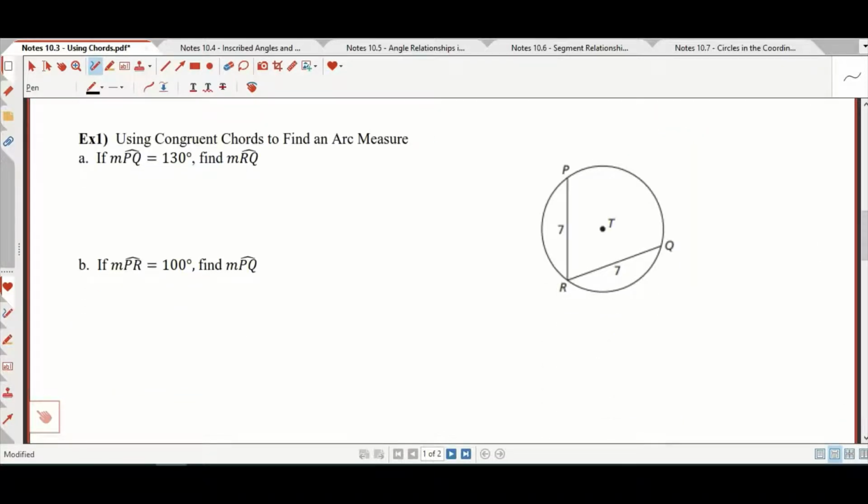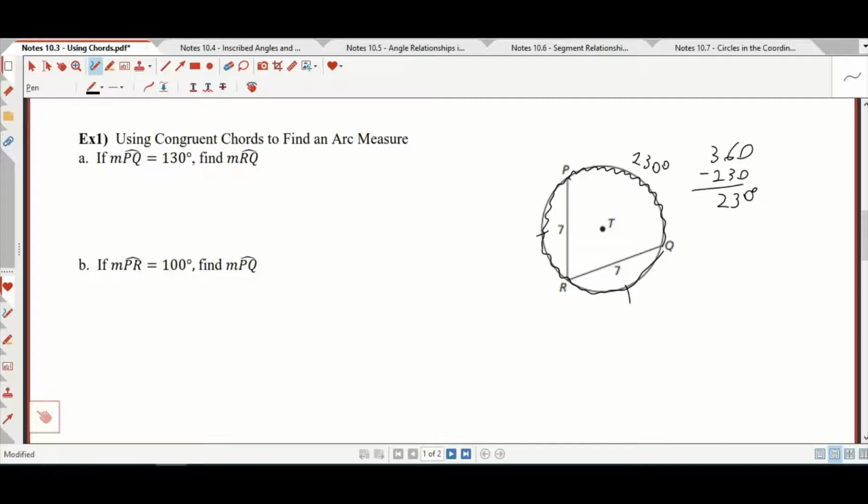So, using congruent chords to find an arc measure. If the measure of PQ equals 130 degrees, find the measure of RQ. Now, since PR and QR are congruent, then the arc PR and the arc RQ are also congruent. So that means that if PQ here is 130 degrees, now there's 360 degrees in a circle, so the rest is going to be 360 minus 130, which is 230 degrees.